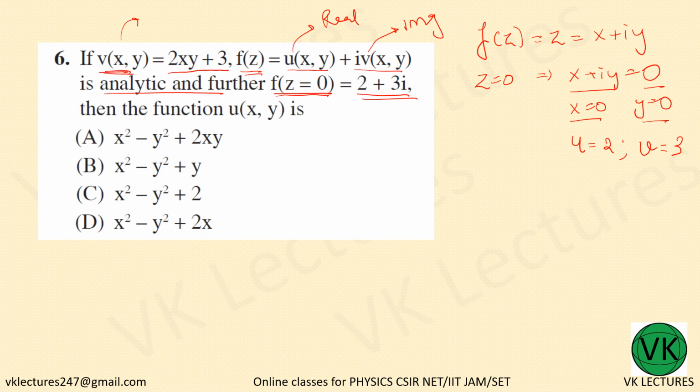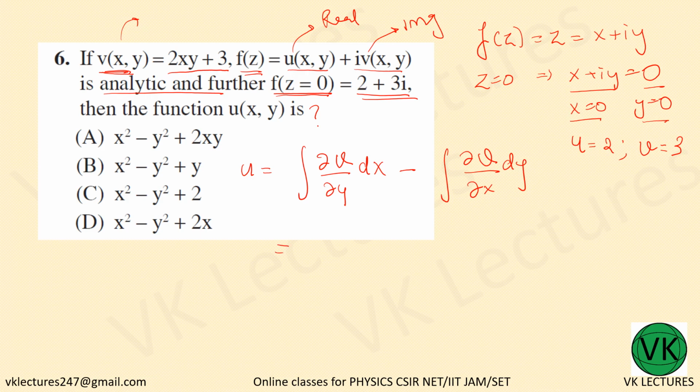Now coming to the question, we have v given. How to find out u is the question. So u is nothing but integral dou v by dou y into dx minus integral dou v by dou x into dy. Now what is dou v by dou y?